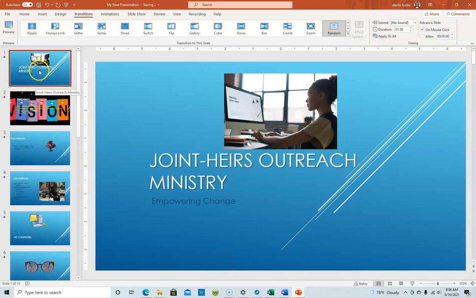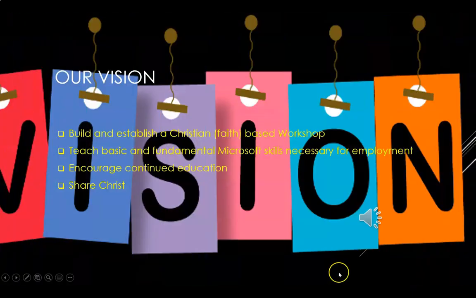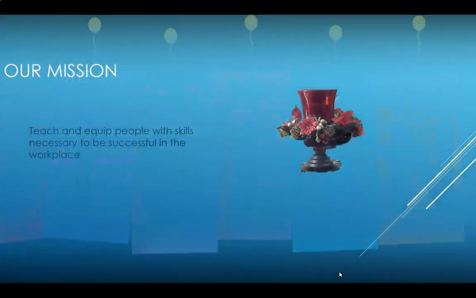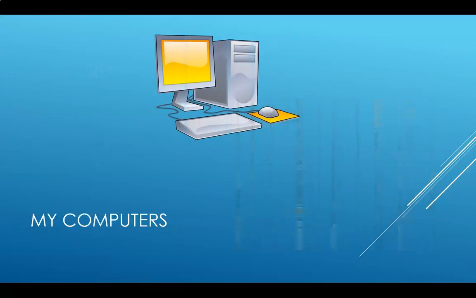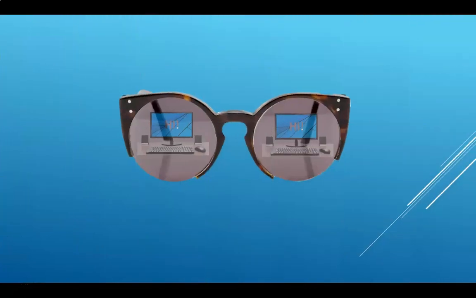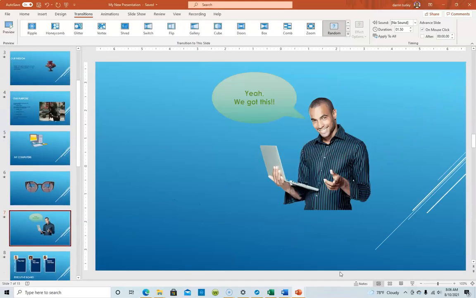You click on your slideshow icon, or you can hit F5 if you're on your slide 1. And then we click. And now you can see there's a different transition for each slide. Then click escape to come out again.